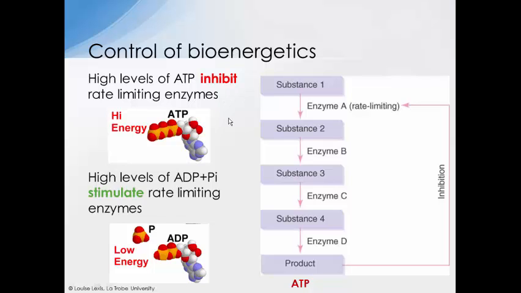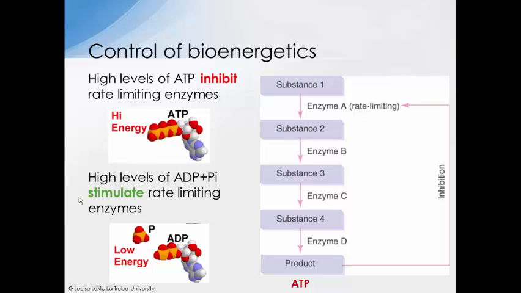It makes sense then that high levels of ATP inhibit the rate limiting enzymes, because remember, we don't store ATP, so the goal of the muscle cell is to produce the right amount of ATP, so in other words what the cell needs at the time. So it makes sense that the higher the ATP that's present in the cell, the more you inhibit this rate limiting enzyme, and that helps to control the ATP flow in the cell.